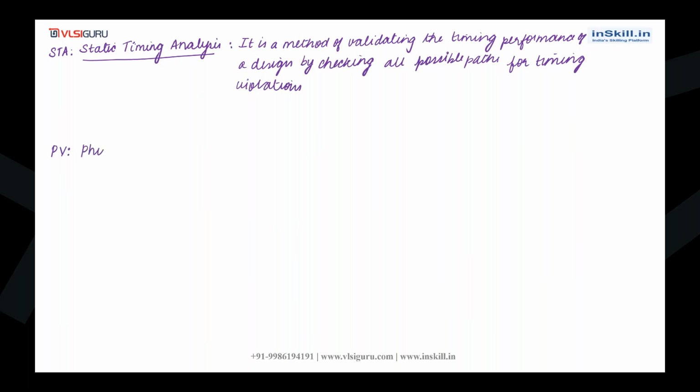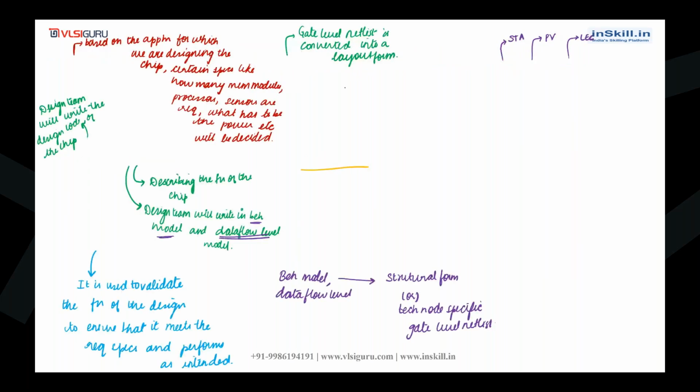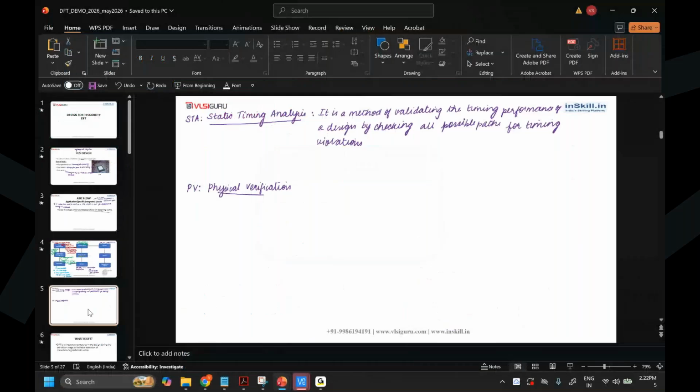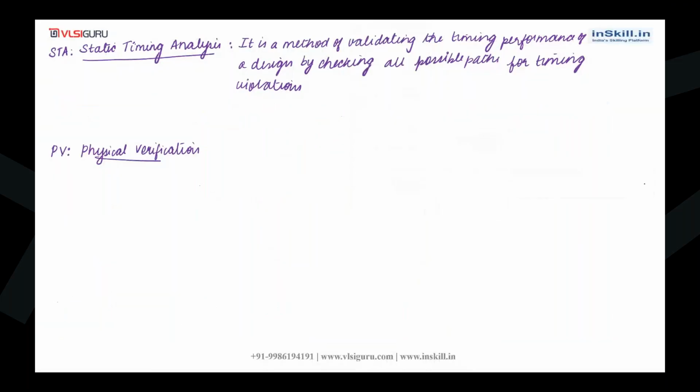PV is nothing but physical verification. Physical verification is actually to verify the layout of the circuits.